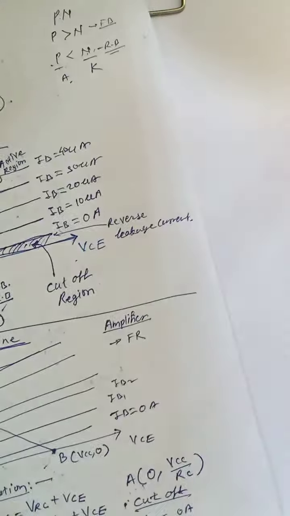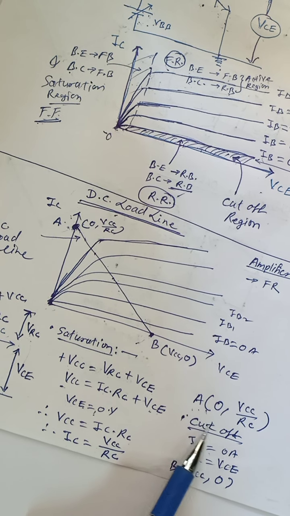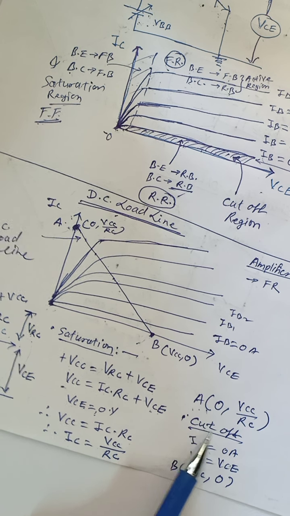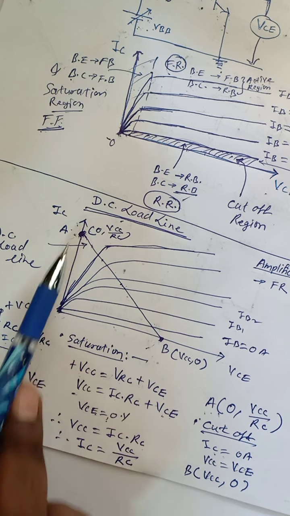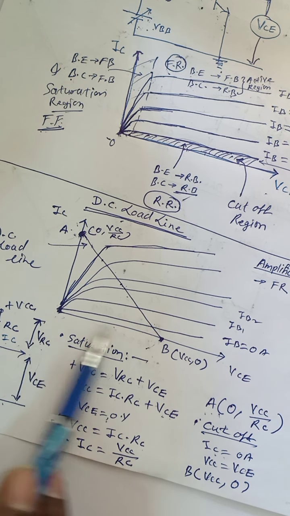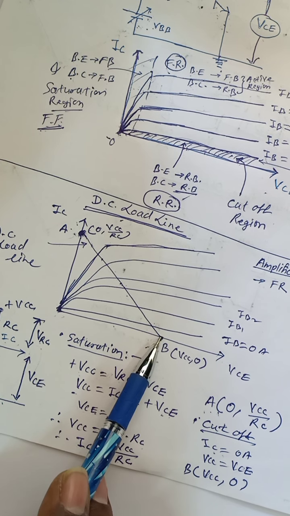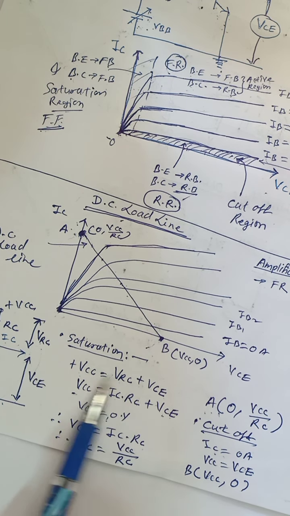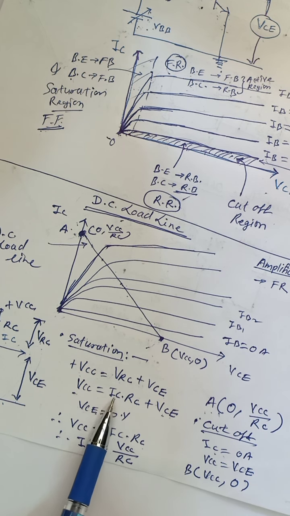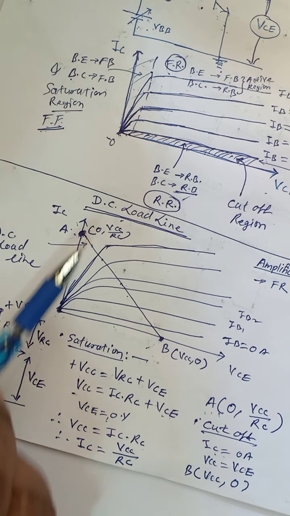Similarly, consider the other condition, when the transistor is in cutoff. At this point B, when the transistor is in cutoff, the current is 0, and we are going to find what the voltage will be. Using IC equal to 0 in this equation, we get VCC equal to VCE.